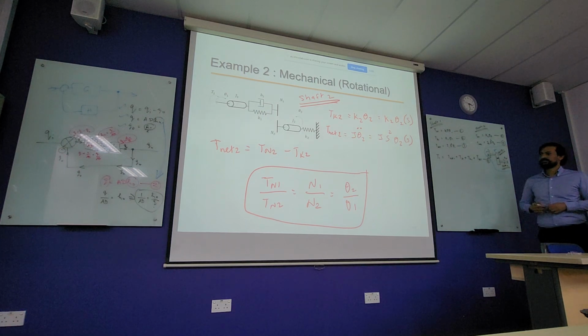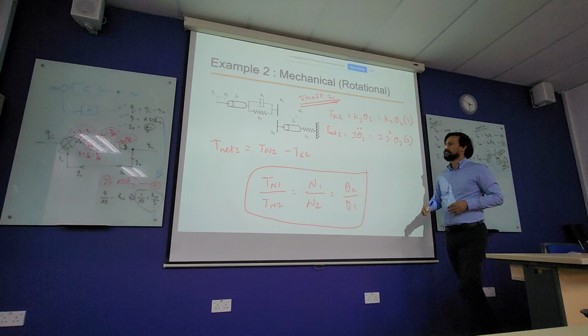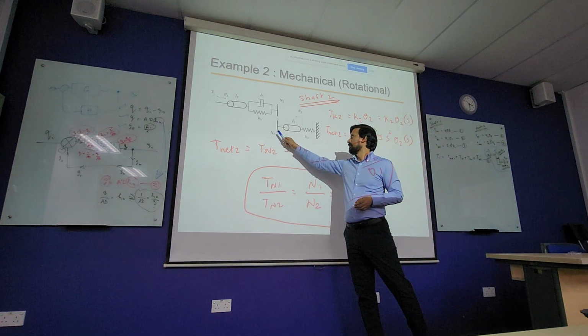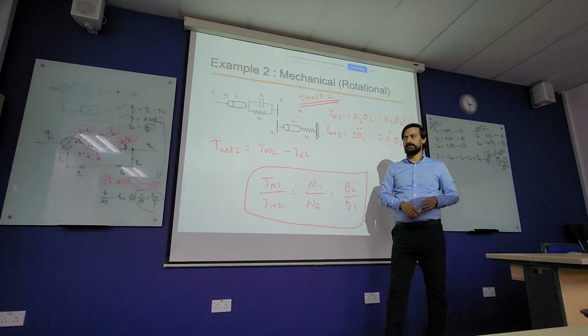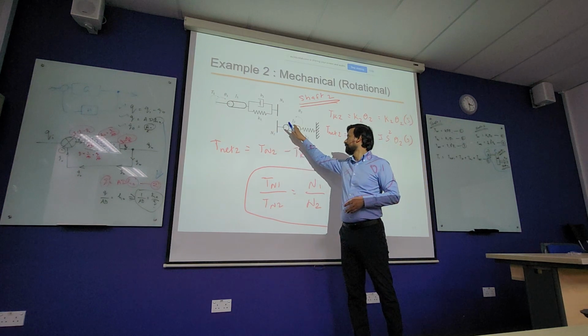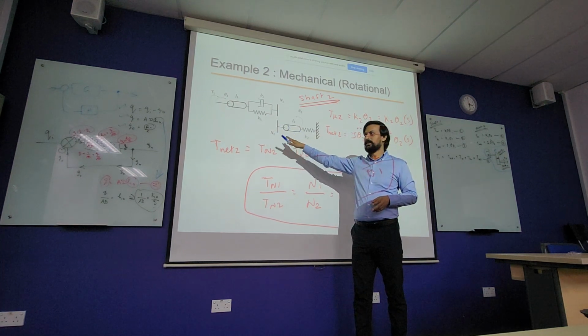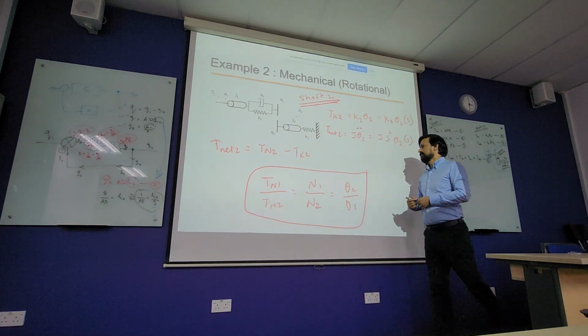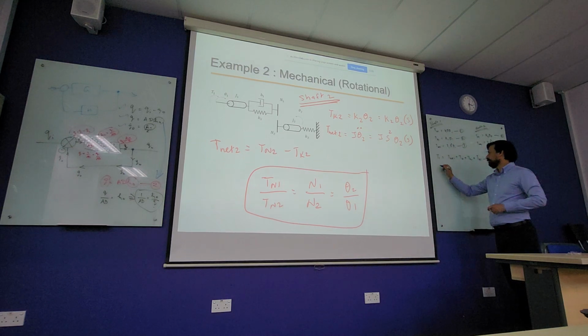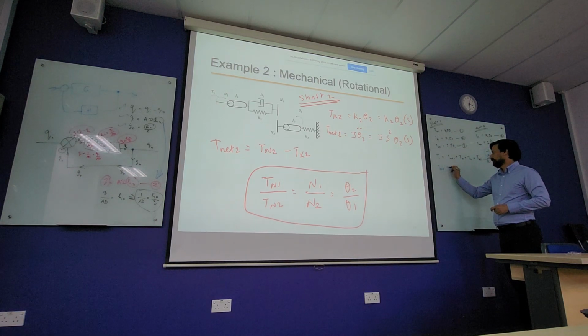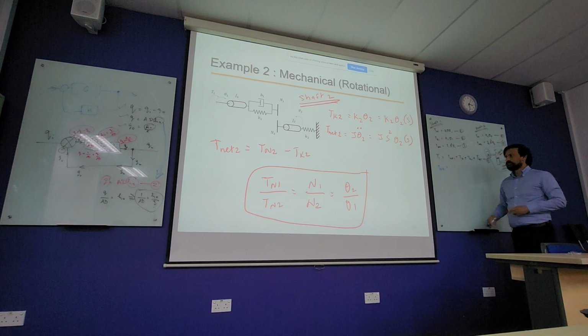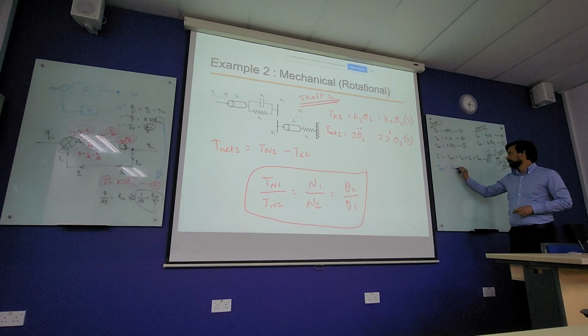So for shaft 2, obviously based on our speed, there's 1, 2, 3: we have N2, we have J2 and K2. So that is equivalent to the torque of the second gear. It's nothing but your net rotational mass plus spring.